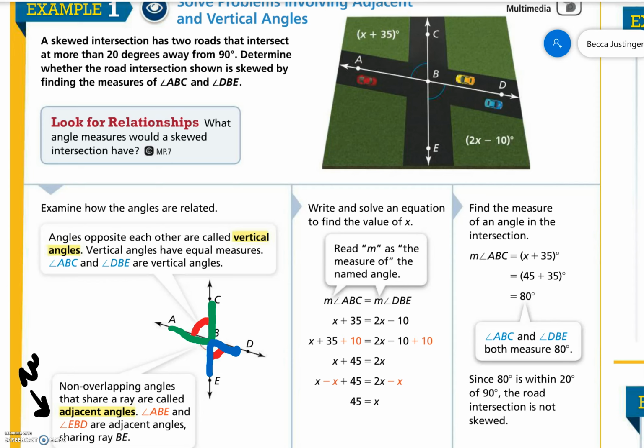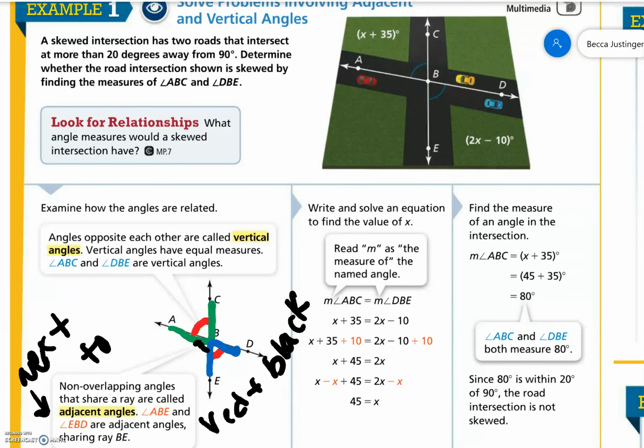Adjacent means next to. So the red angle and the black angle are adjacent, because they're next to each other. Then, since vertical angles are equal, these two angles are going to be equal to each other, ABC and DBE.